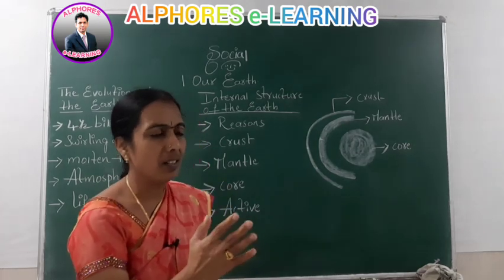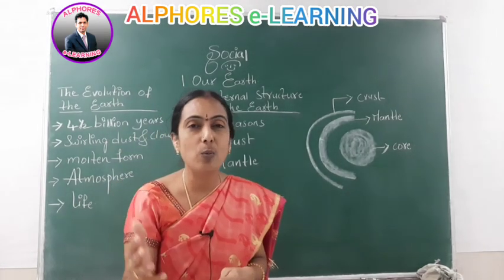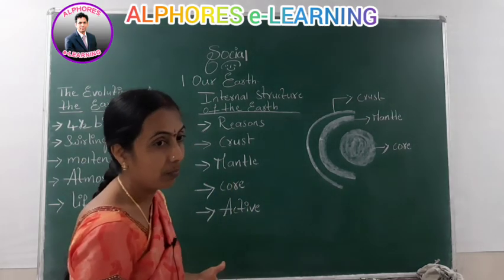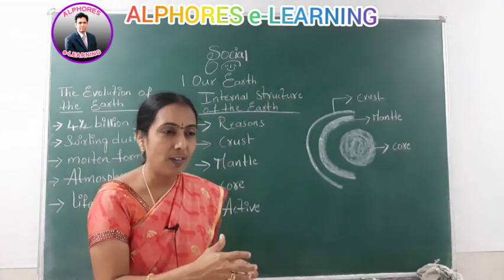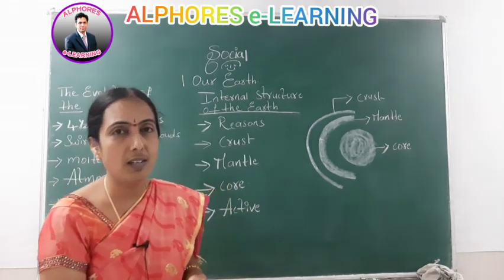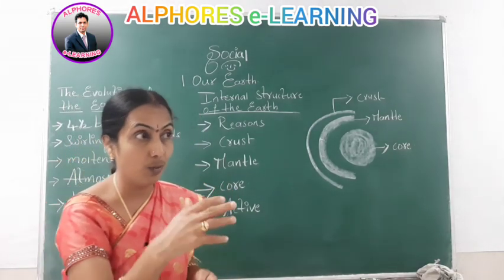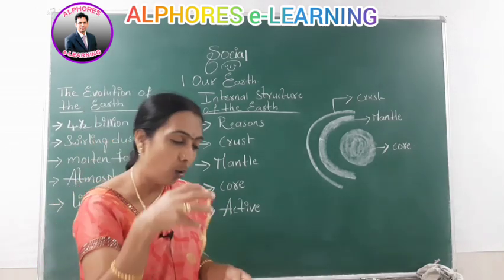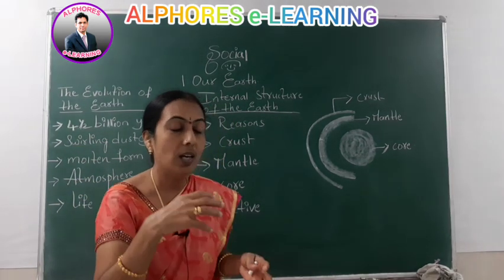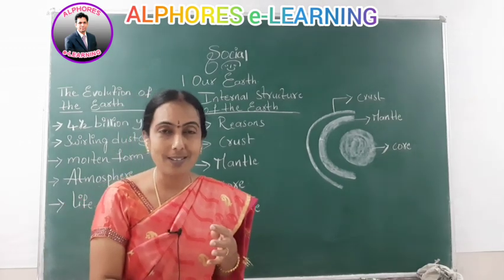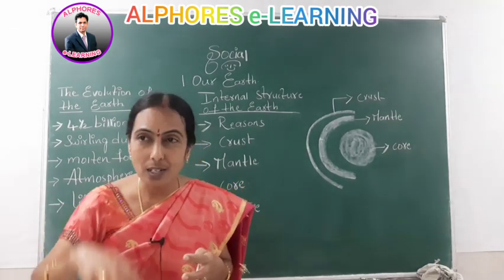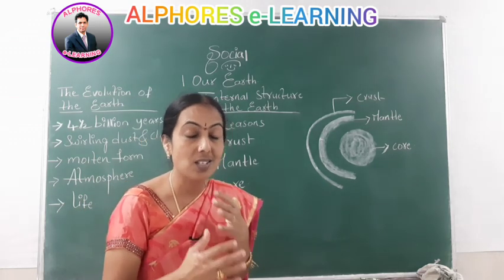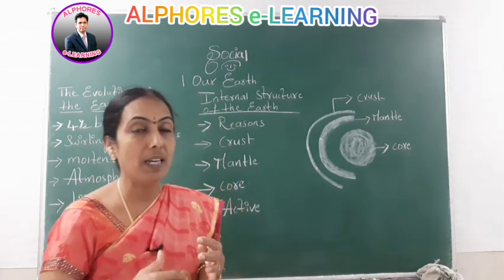Scientists worked very hard to analyze the data of the Earth's internal structure. It was very hard for them, and it took many years for the geologists or geophysicists to analyze the data: how the Earth's interior is, how the layers are, what chemical substances are present, what the temperature is at the interior level, and how the temperature changes as we move into deep interiors.